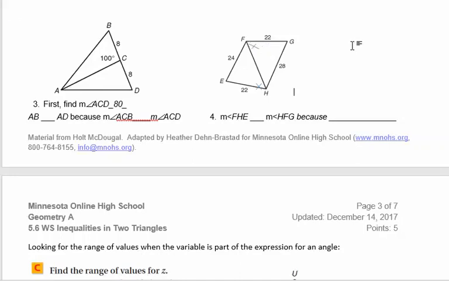So those are the two angles we're comparing. So decide which one is bigger than which one, or which one is less than which one, by the sides that they are opposite. So FHE is opposite EF, which is 24, and the measure of angle HFG, which is this angle, is opposite a side that is 28.